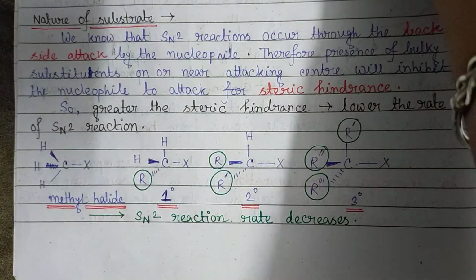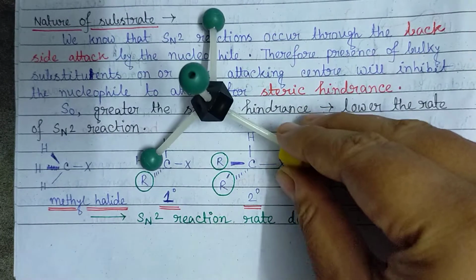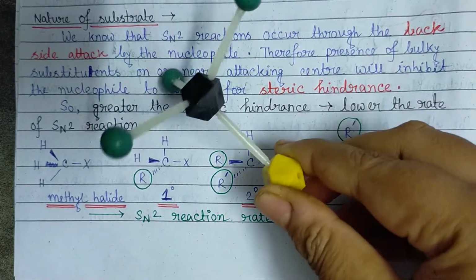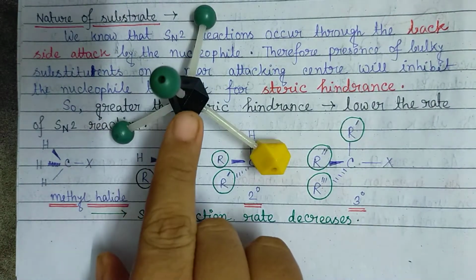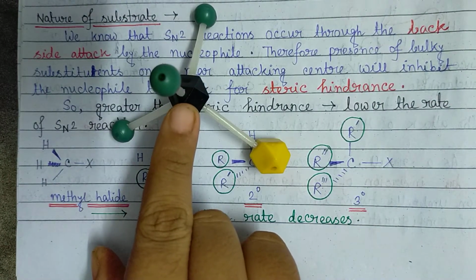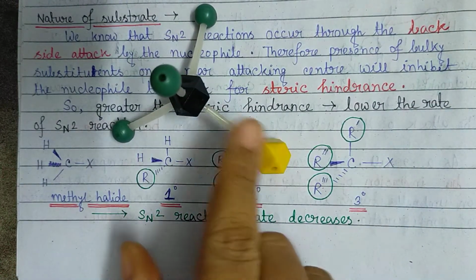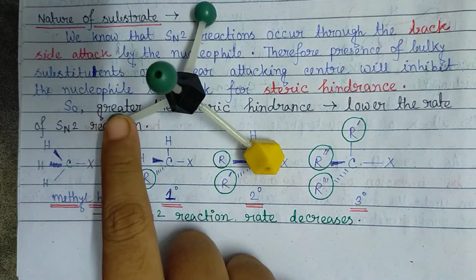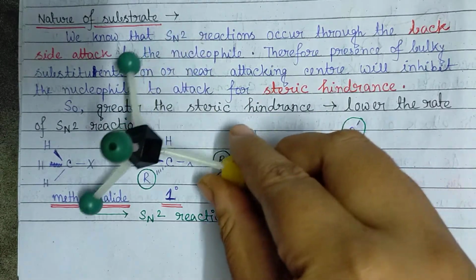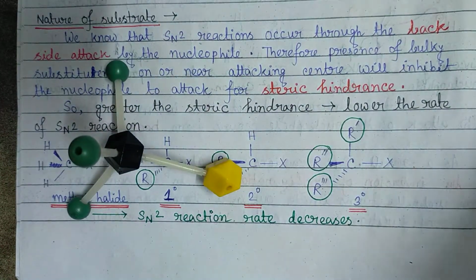If we try to illustrate this by one structure, we can see that this is the compound where this carbon is the attacking center and this is the halogen and the 3 green balls are the hydrogen, so this is methyl chloride or methyl halide.